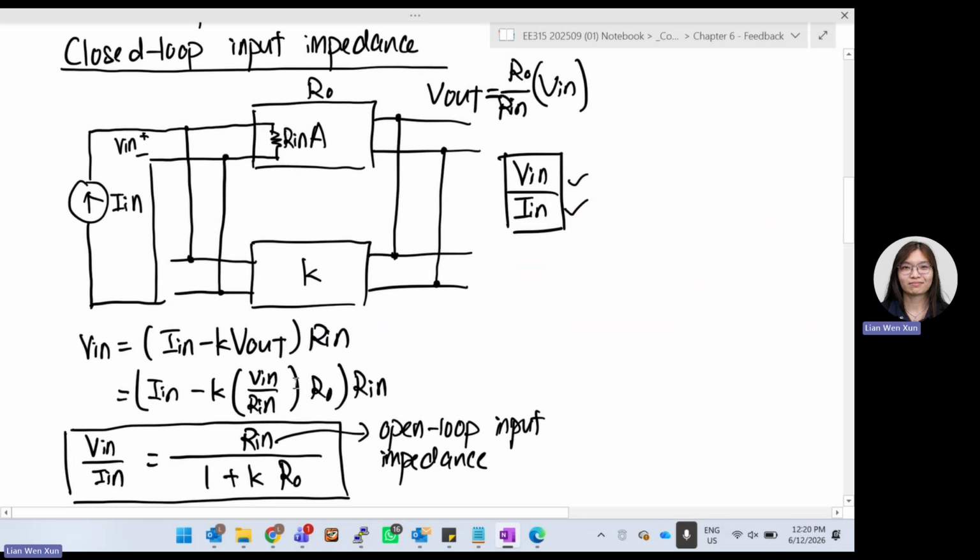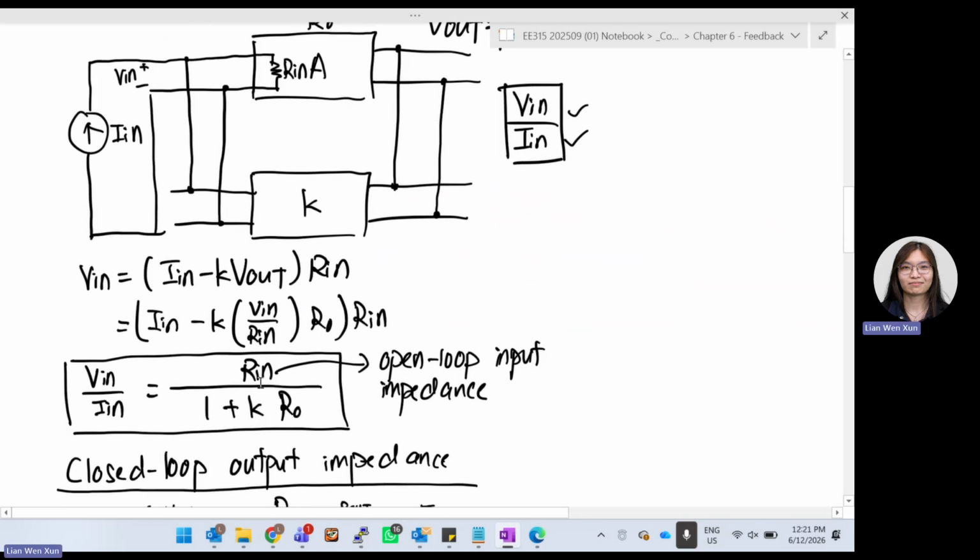So V over R is your current, and this is the current times your gain R naught. V in over R in is your current, R naught is your gain, and these terms multiplied will be your V out. So we can find what exactly is V in over I in already. It is R in over 1 plus K R naught. So this is your closed loop input impedance.